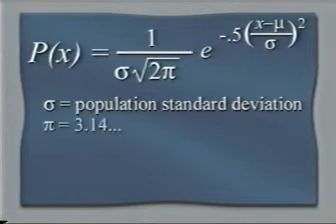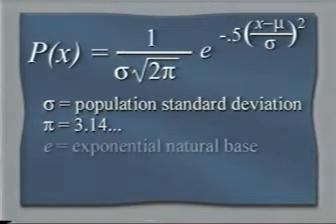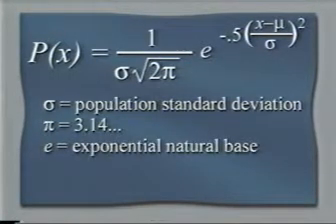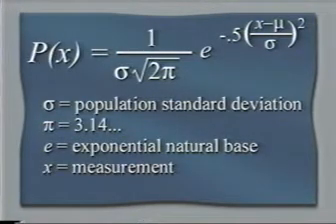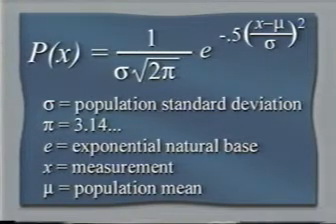The pi we already know about. That is the 3.14, etc. The e, of course, is that exponential natural base. X would be the measurement we're concerned about. Mu would be the average, the population mean of all the measurements in the population. And once again, we have sigma.